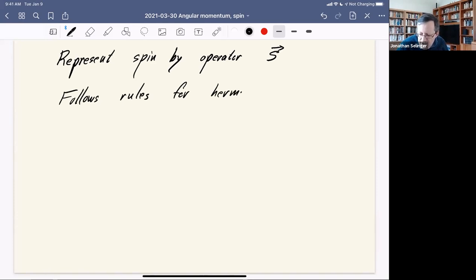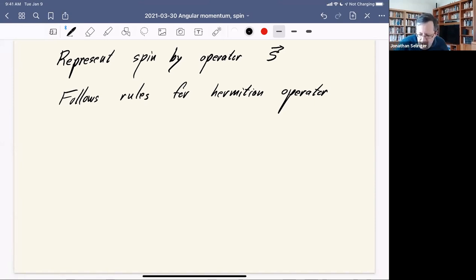So this is one of the reasons why the textbook goes through all of the mathematics in chapter 3 about how to work with operators just as mathematical objects. It's because sometimes we don't really have a way to visualize stuff. We just have to follow the rules for the right kind of mathematical objects.